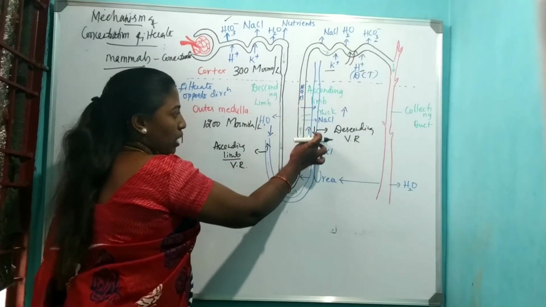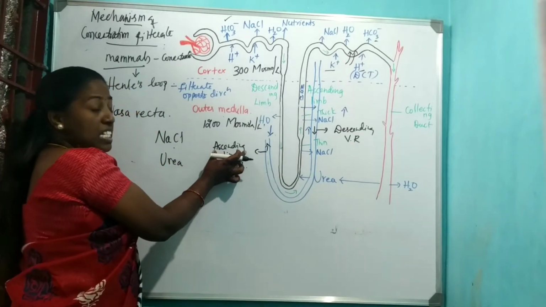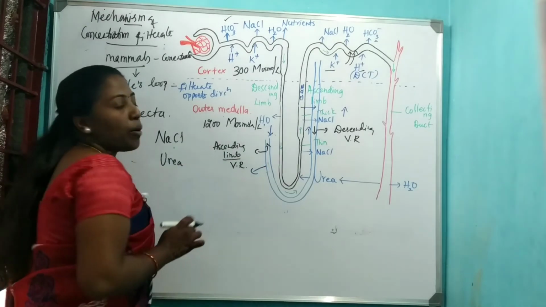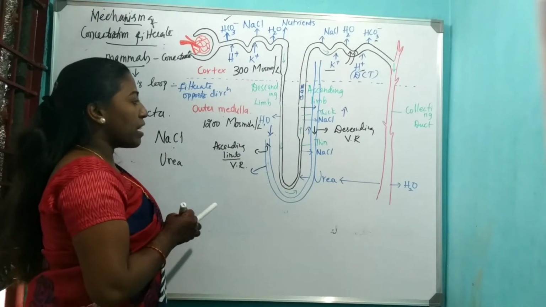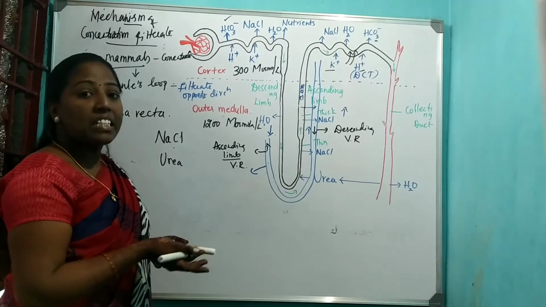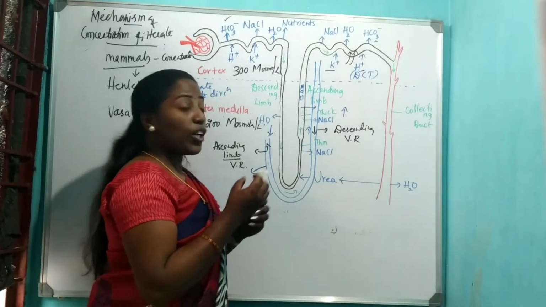Later, it flows through the descending limb and enters the ascending region of the vasa recta, and it is released into the medullary interstitium, or medullary fluid. In that way, it helps in increasing the osmolarity. The next is urea.